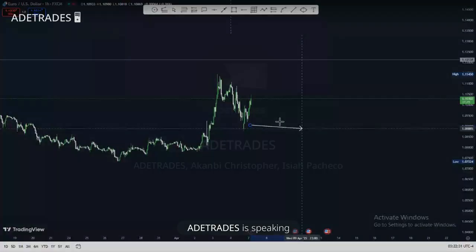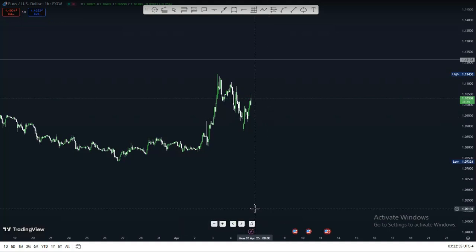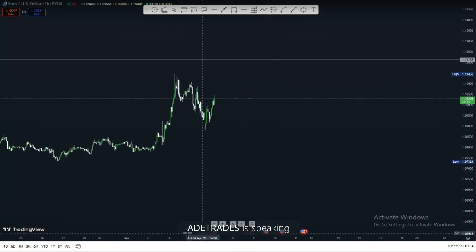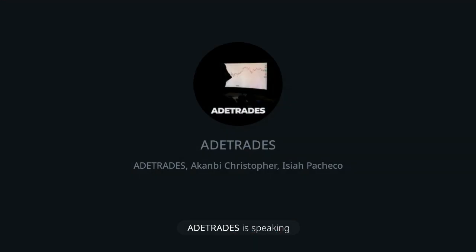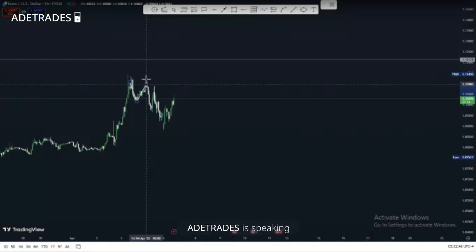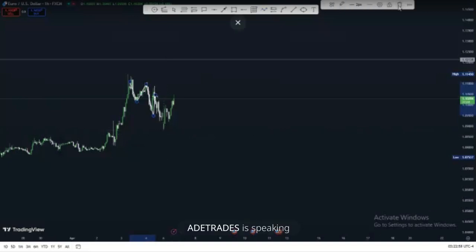To validate our buys, we need a break, a series of lower highs and lower lows, lower highs and lower lows. Let me mark this line out.